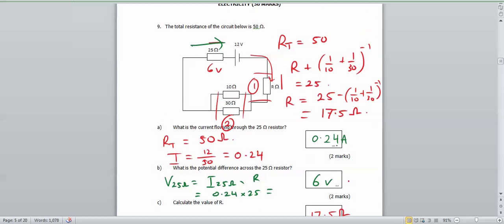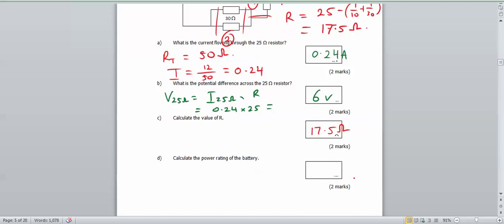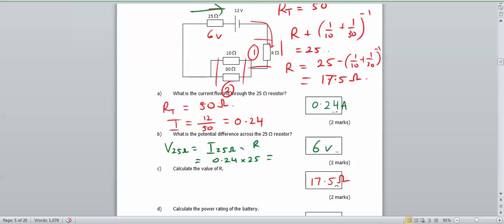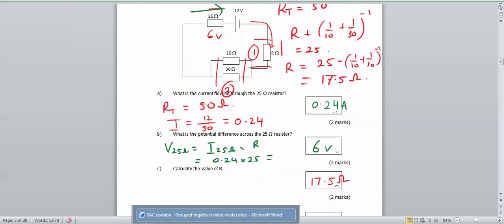See, by showing clear working, you can actually do the answers to a number of these questions almost in one go. Calculate the power rating of the battery. Okay, so the power rating is V times I. V is 12.